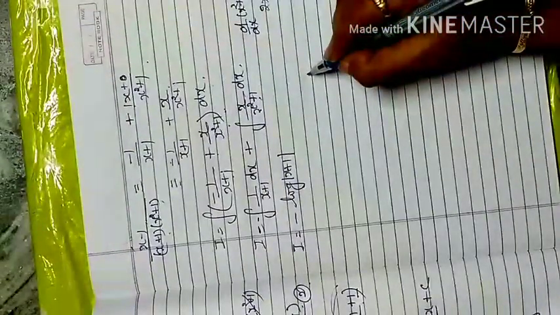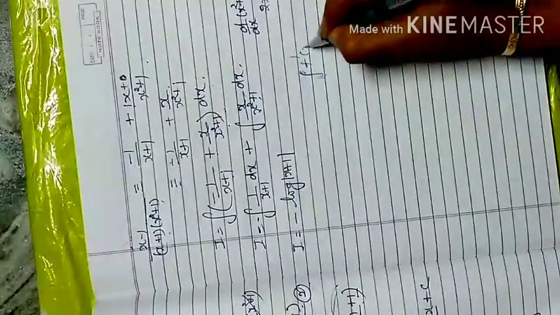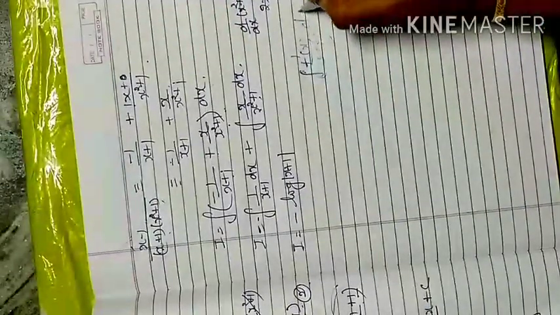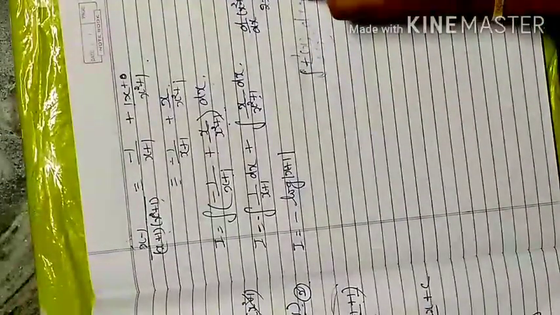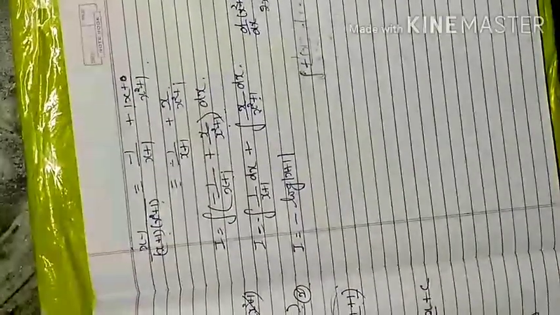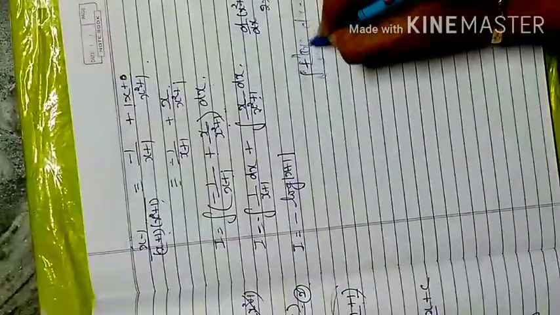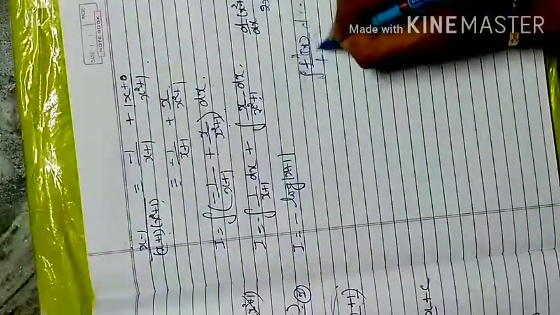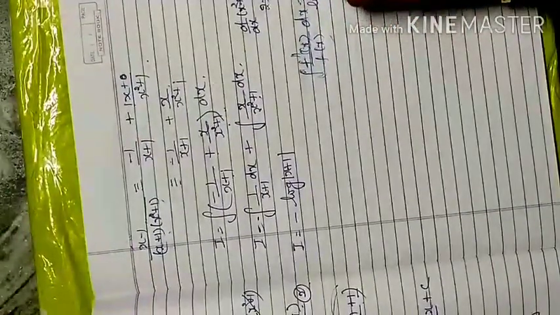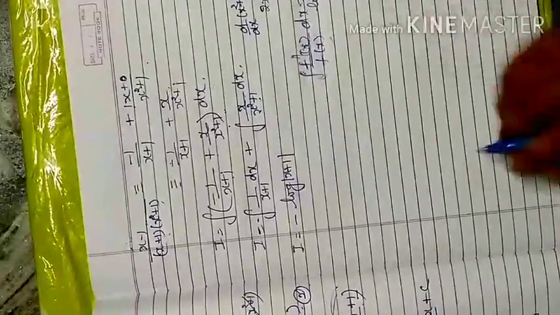So that rule is f dash x upon fx dx is equal to log fx. So that is my rule of integration. I can directly apply that rule.